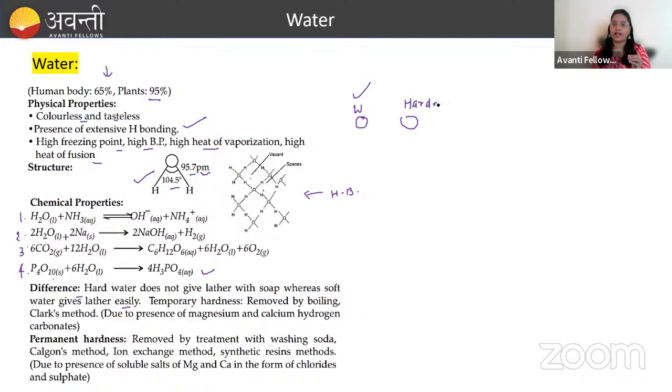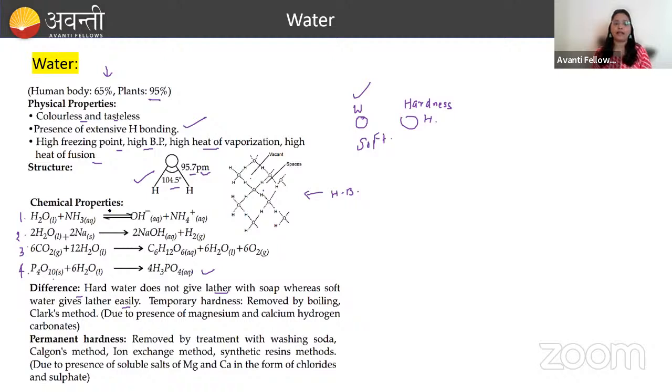Due to the presence of hardness in the water, it doesn't combine with the soap and doesn't form lather. So hard water does not give lather with soap, and soft water gives lather very easily.